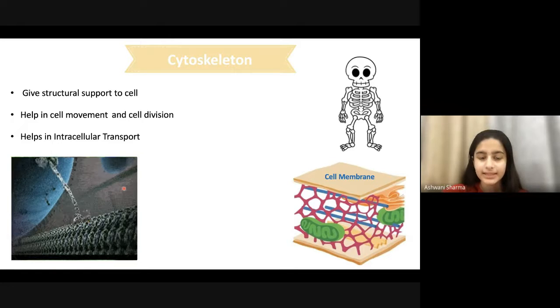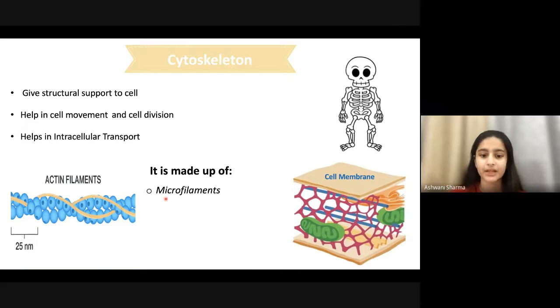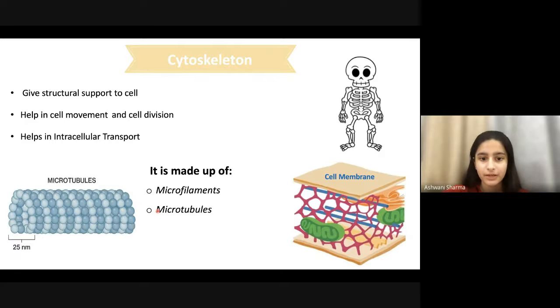The cytoskeleton also is made up of 3 parts. And those 3 parts are microfilaments, which are also known as actin filaments, and their function is to help in all of the cellular processes as well as a bit in the intracellular transport. Next is the microtubules.